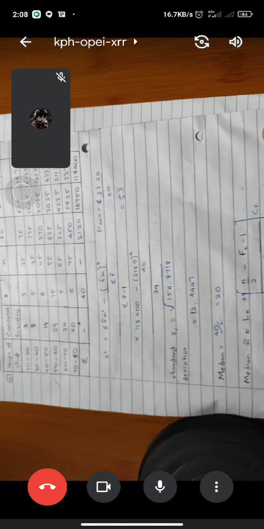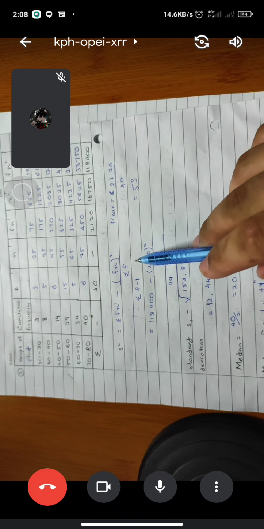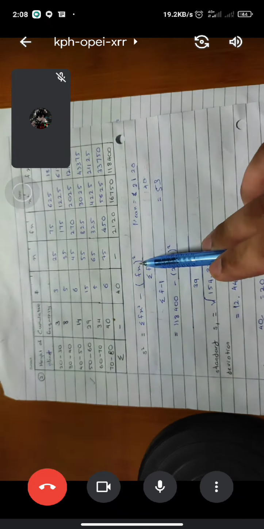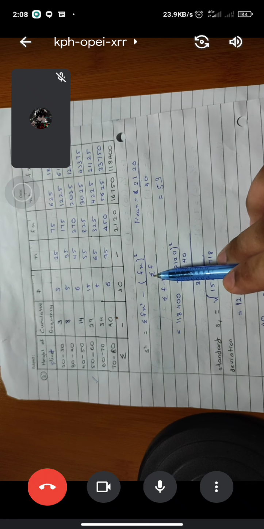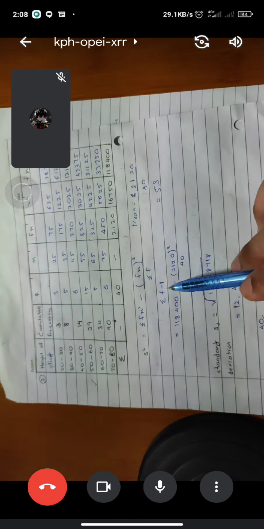Okay, then the second question is find the standard deviation. To find the standard deviation, we must find the variance first, Aiman. To find the variance, we use the formula sum of fx square minus (sum of fx) square over n, all over n minus 1.